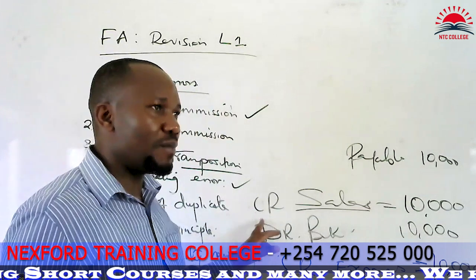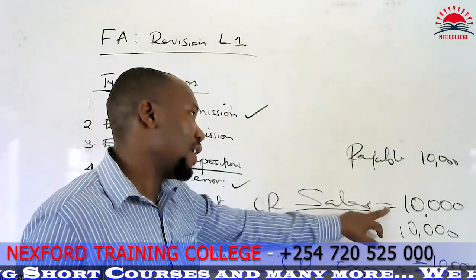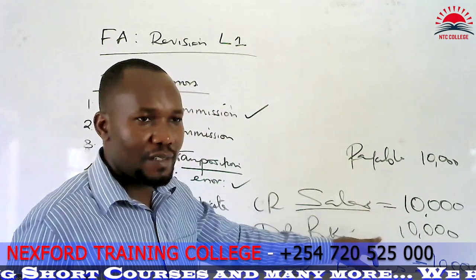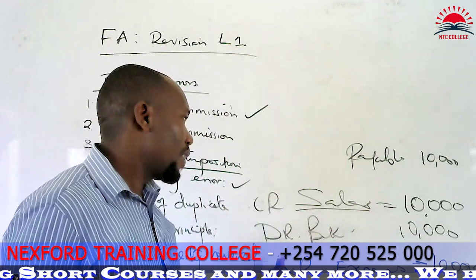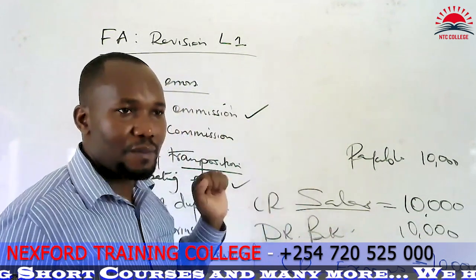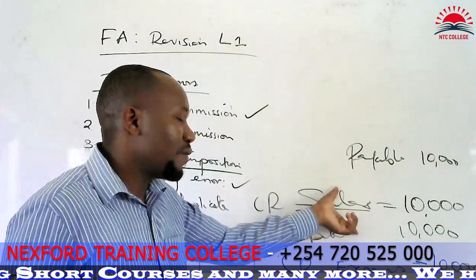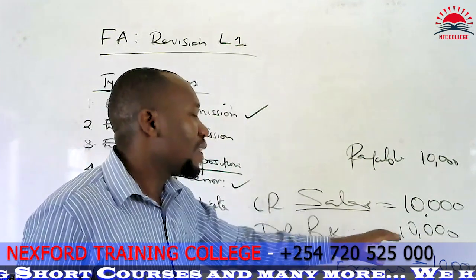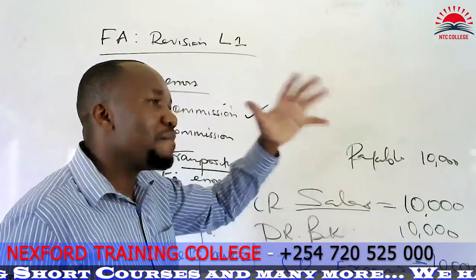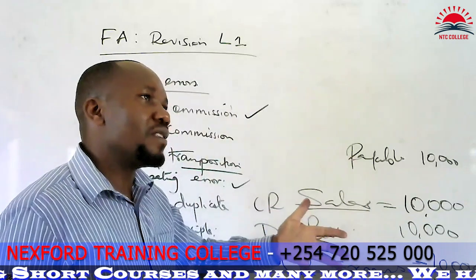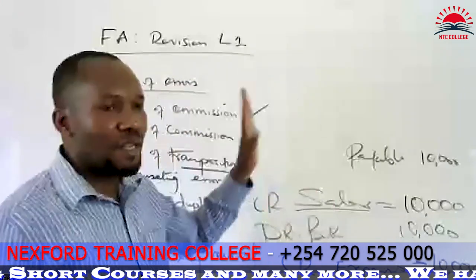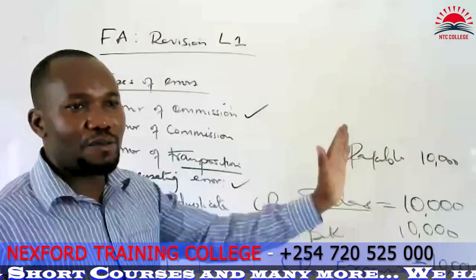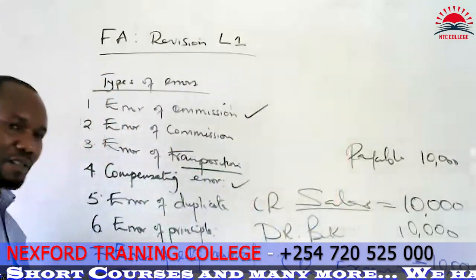So for manual systems, you can post here, and you forget bank. That is now partial. But for full, you have to do the double entry. The system allows. When you have done the double entry, whether it is an error, as long as the system realizes that there is a double entry, the trial balance will balance, because kuna 10 huku, kuna 10 huku. That is now complete reversal.